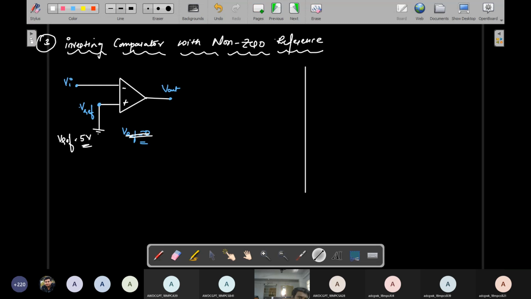So this is the y-axis and this is the x-axis, and similarly this is the x-axis. Now I consider the input signal to be a sinusoidal waveform. This is the negative peak and this is the positive peak, so this is your input signal.